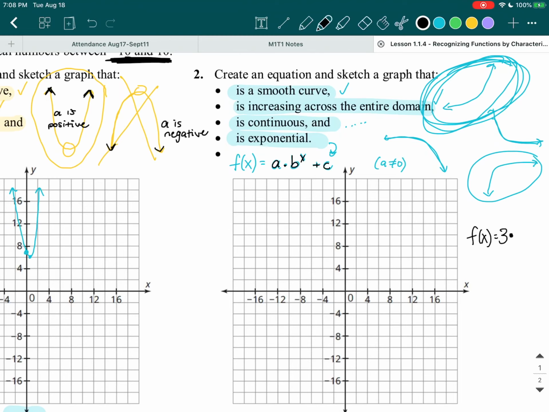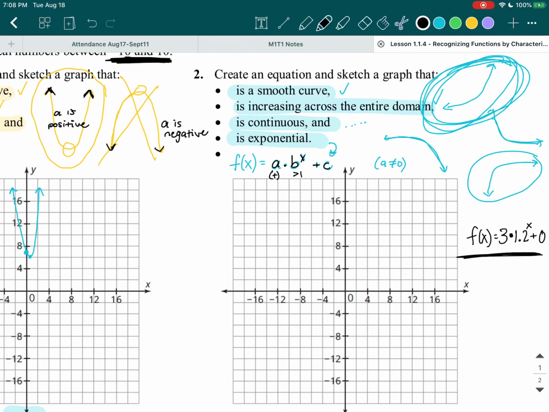I want you to pick a positive a value, and I want you to pick a b value that's greater than 1. So pick a number bigger than 1 for b. I'm going to pick 1.2, then to the power of x, and then plus c. I'm just going to choose c is 0, because why not?